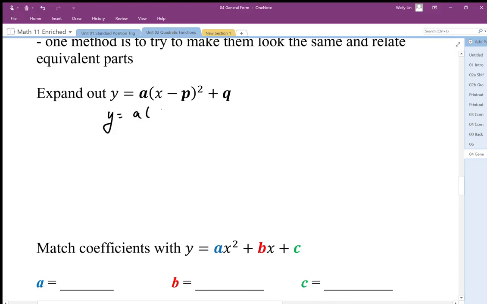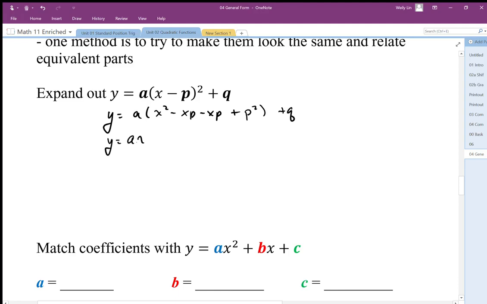When I square that, I'm going to end up with x squared minus 2xp plus p squared, and then the plus q on the outside. Then I can combine like terms and expand those brackets.